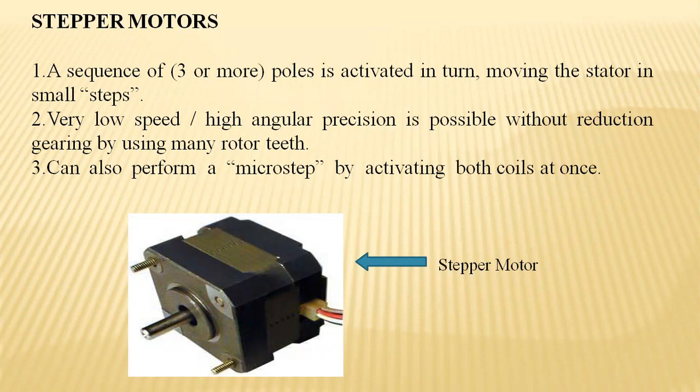But when compared to the servo motors, the stepper motors will have a very low speed. So slowly it will be getting inclined. It takes a particular time period for processing.